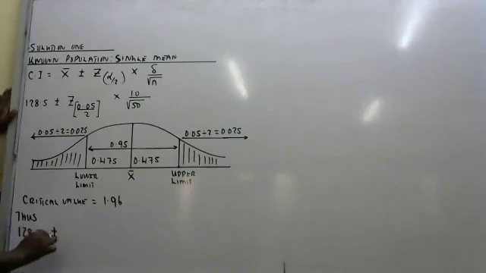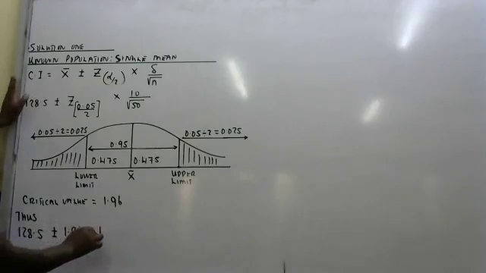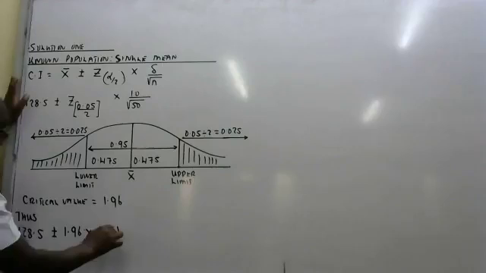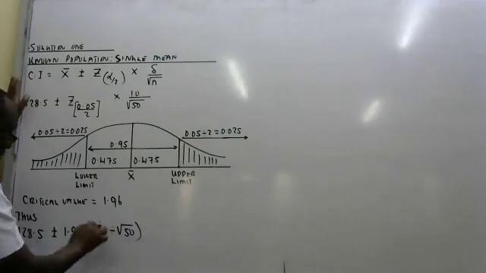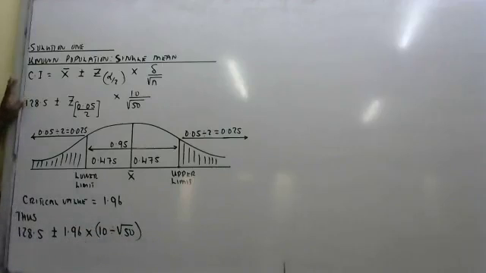So thus, let's go back here now. Let's say 128.5 plus or minus 1.96 multiplied by 10, which is divided by the root of 50.